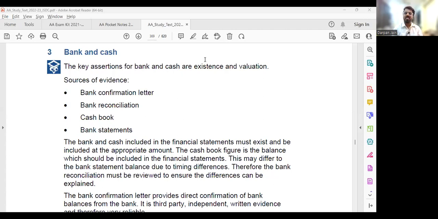Why do you prepare BRS? Because most of the time the amount shown in the bank does not match the amount shown in the books. Why do you think that difference can come?